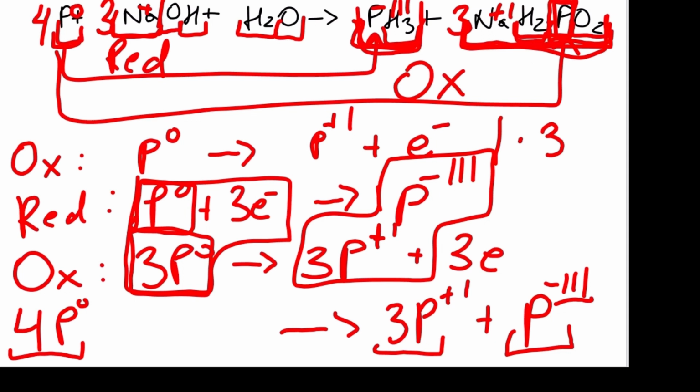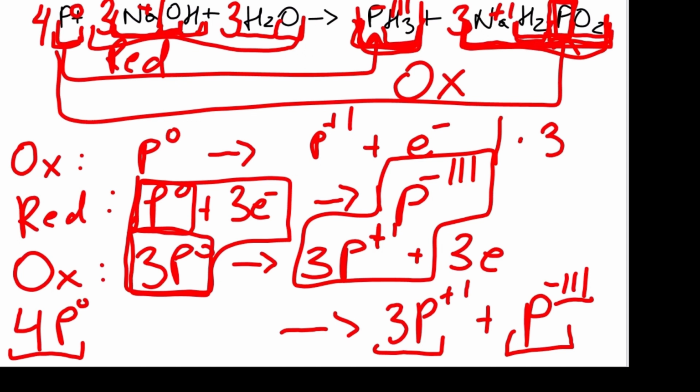So we get together 9 atoms of hydrogen. In 3 particles of sodium hydroxide, we have 3 atoms of hydrogen. So we need 3 particles of water, which give us in total on the left side 9 atoms of hydrogen.